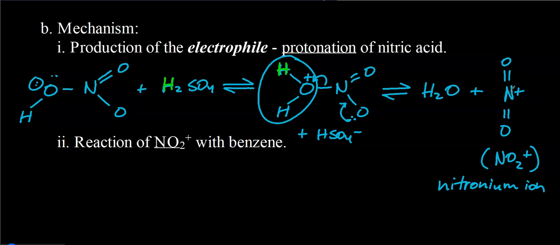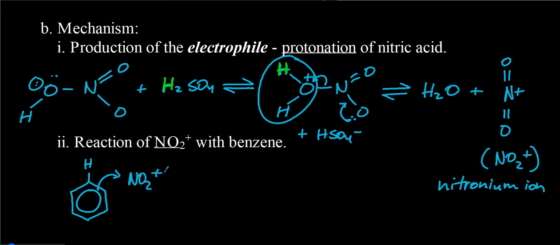We have a reaction with the nitronium ion and benzene. All right, so let's take a look at that step. So again, we have some delocalized pi electrons, and two of those electrons are going to be used to form a covalent bond with the nitronium ion.